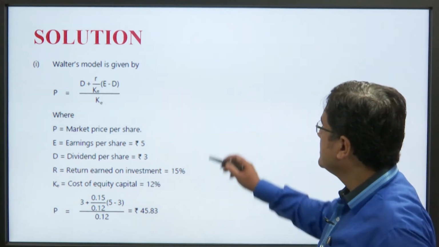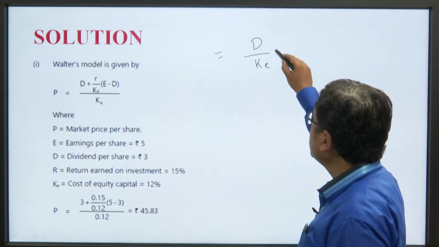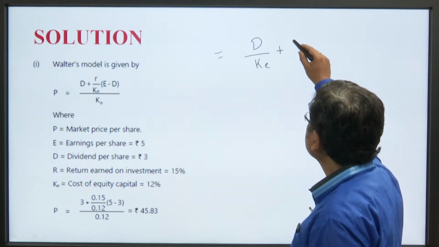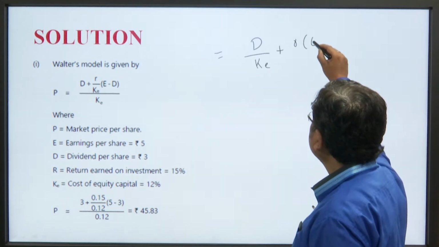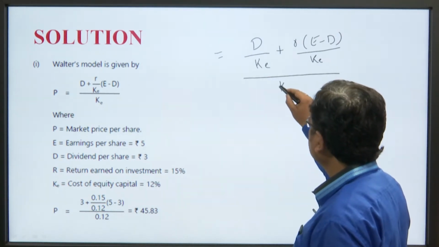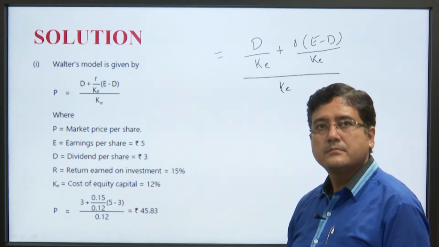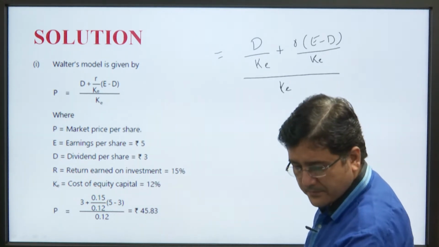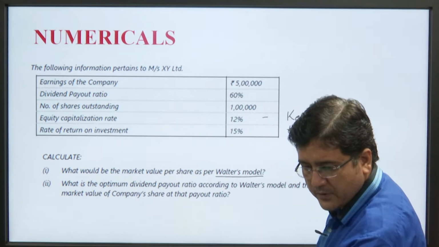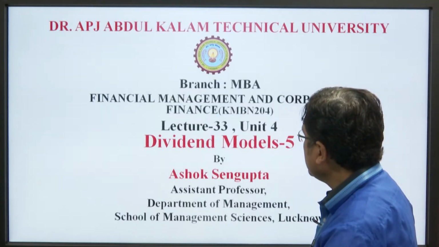In the Walter model we know that P equals D divided by K plus R into E minus D whole divided by K, whole divided by K. In this question, the dividend payout ratio is 60%.